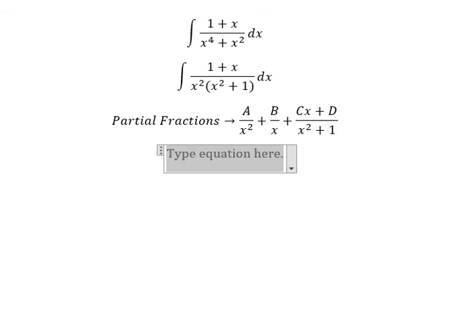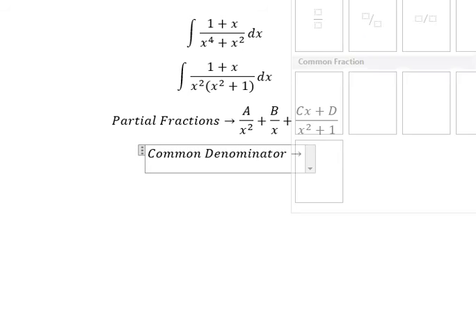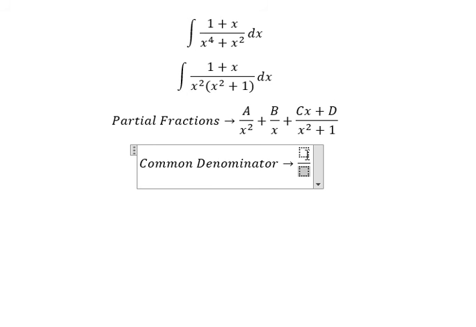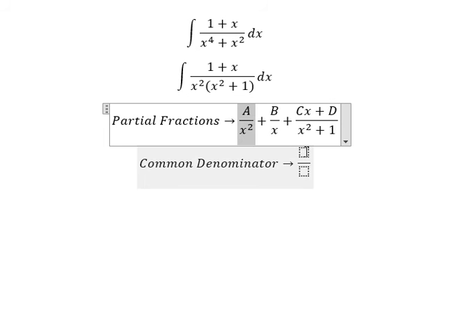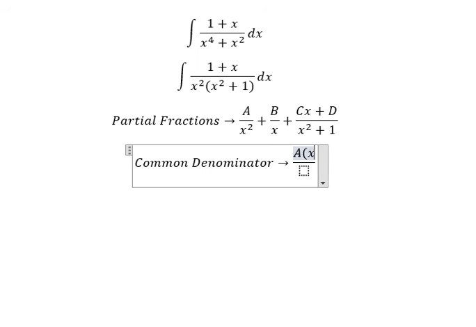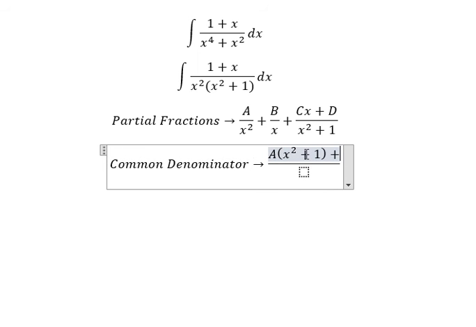Next, we do common denominator. About capital A, we have only s squared, so we need to multiply by s squared plus 1.